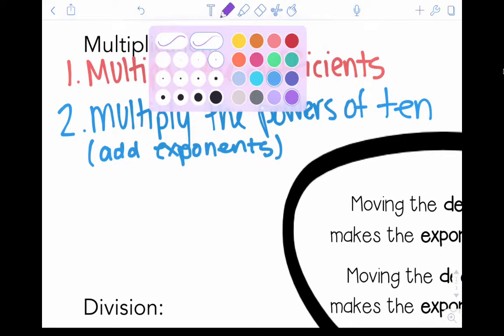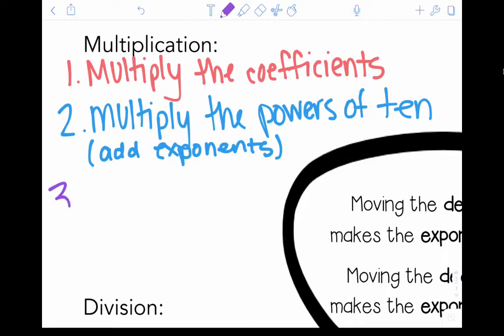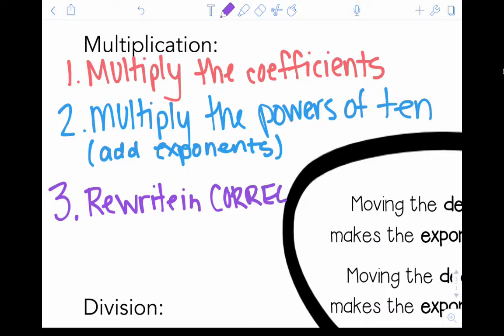And then finally, our step number 3 is we're going to rewrite the answer in correct scientific notation.